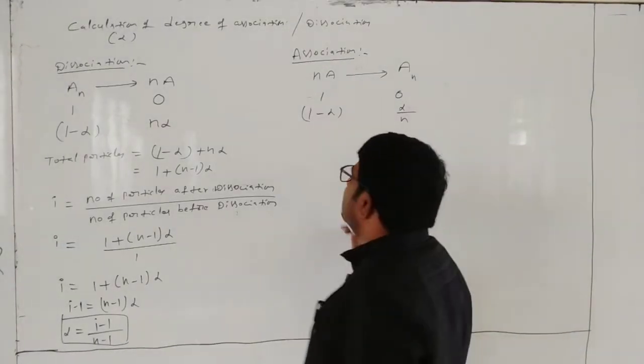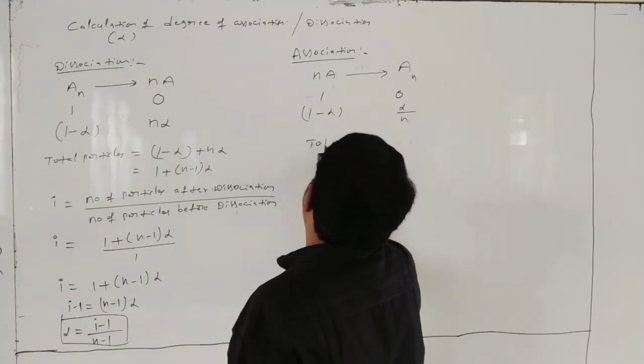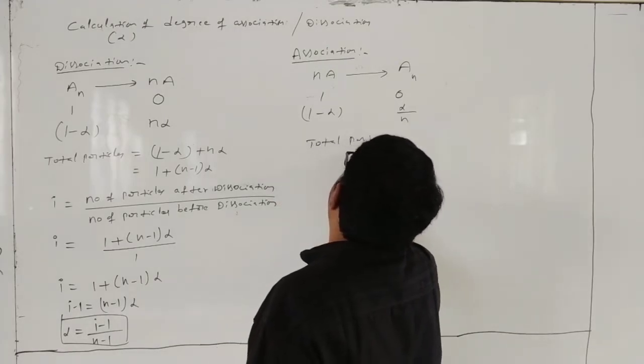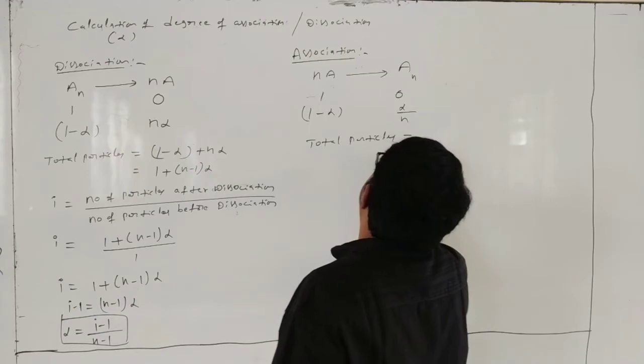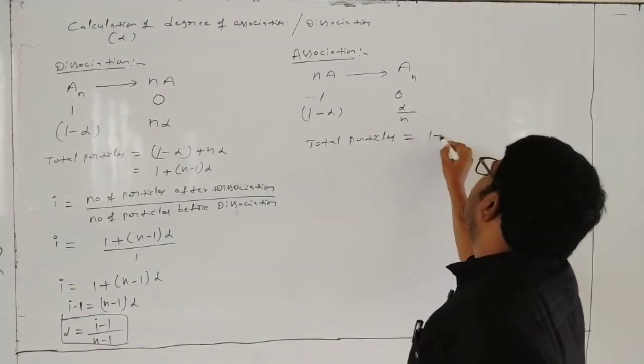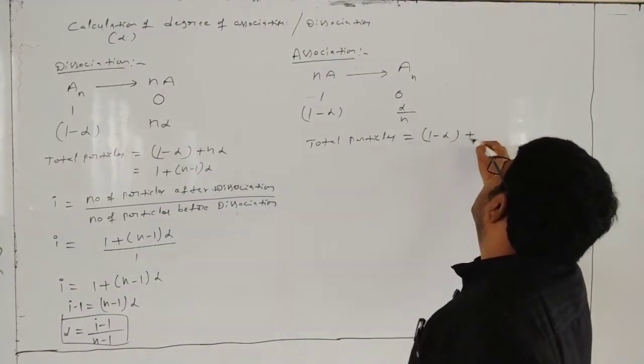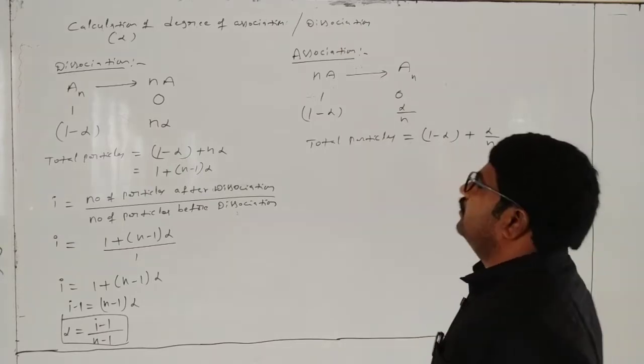Now total particles is equal to 1 minus alpha plus alpha by n.